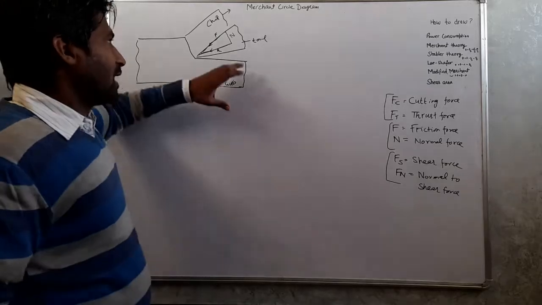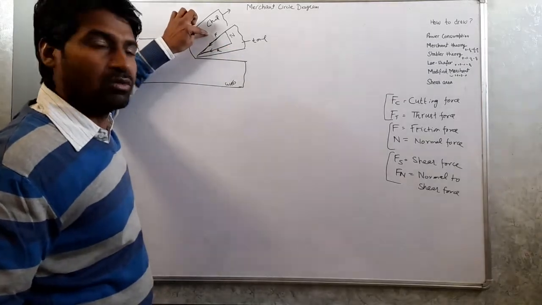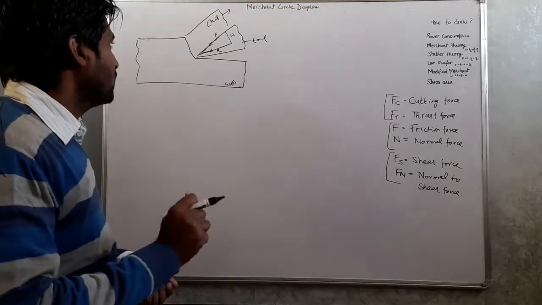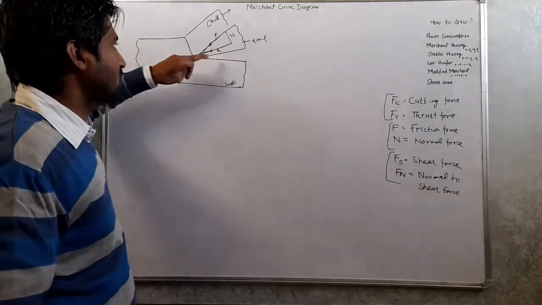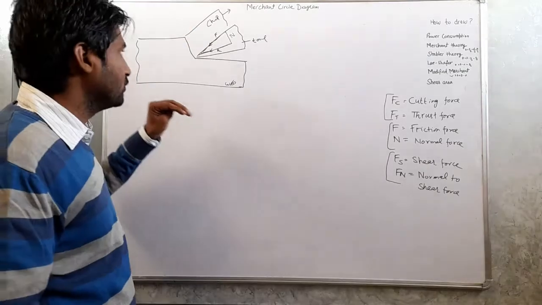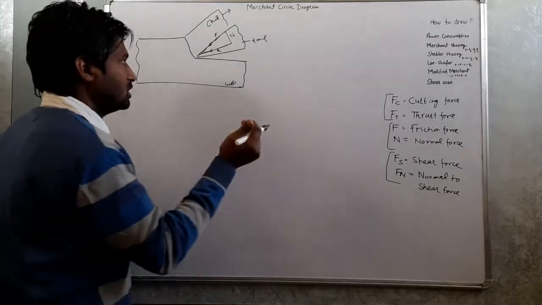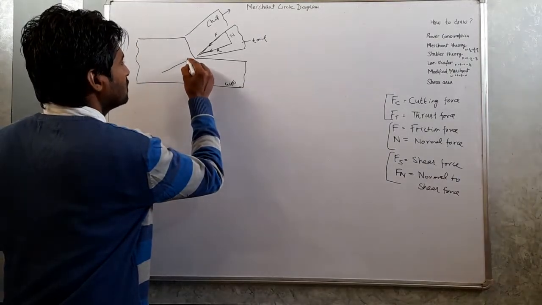This resultant force R can be resolved into two components, the friction force and the normal to the friction force, F and N. Next, if this resultant force R is acting on the chip due to the tool, then there will definitely be an equal and opposite force, R dash.